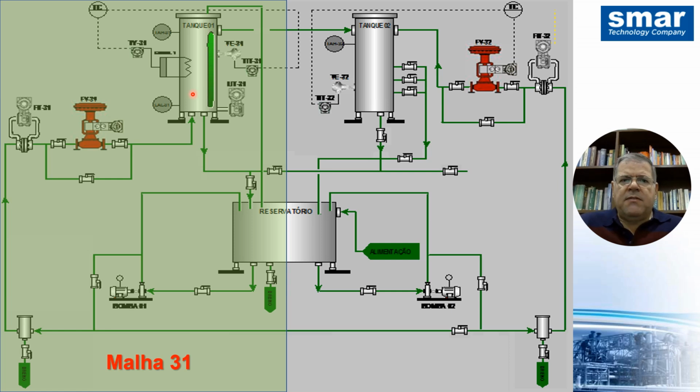This reservoir here, when it is full, has a water outlet at the top that goes to the mixing tank. So the heating tank, as it fills up, if I do not open the valve that returns to the reservoir, it flows and the water is directed into the mixing tank, which may return to the main tank. Thus, we refer to this control grid as a mesh of one.